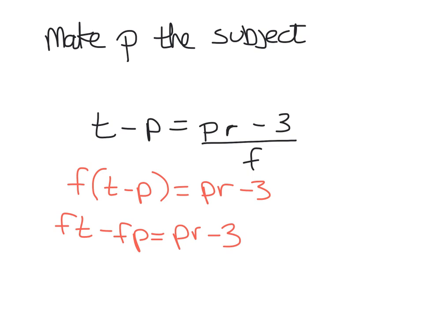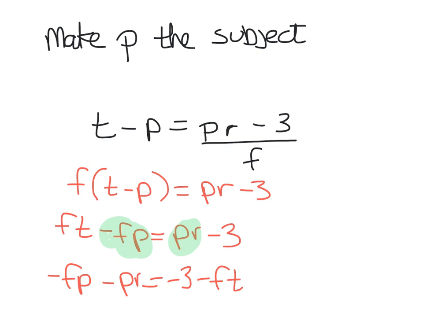Now we're trying to get p as a subject, so the ones that I've highlighted in green need to come over to the left. Now the minus fp is already on the left, so that stays where it is. We then have minus pr, because that comes over, and that equals minus 3 minus ft.